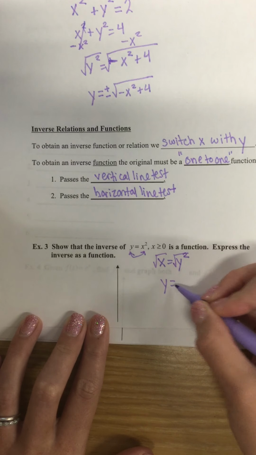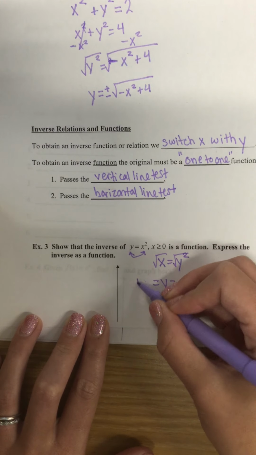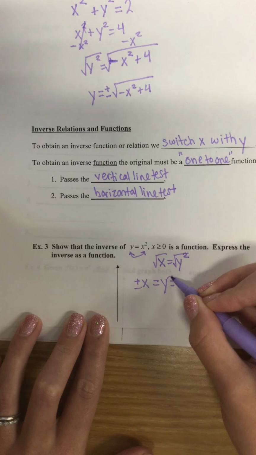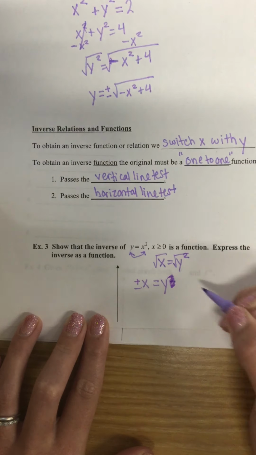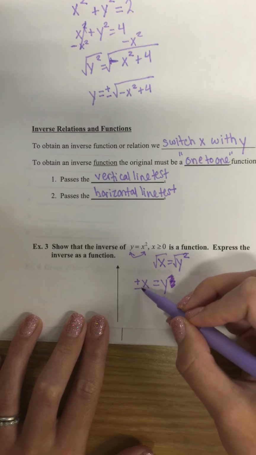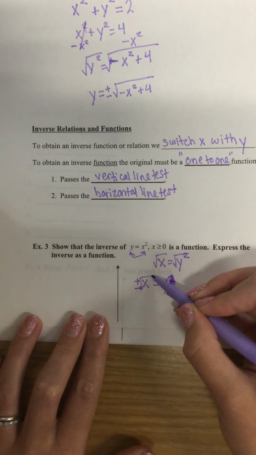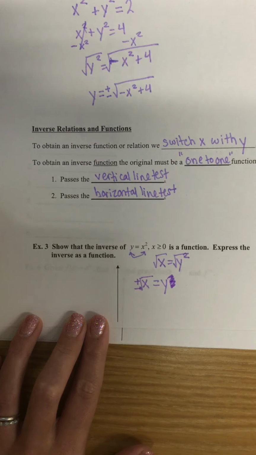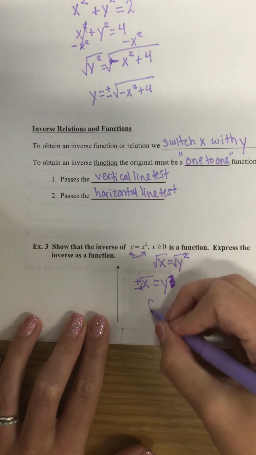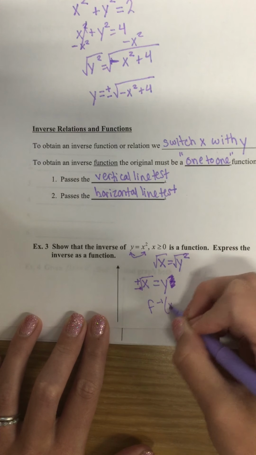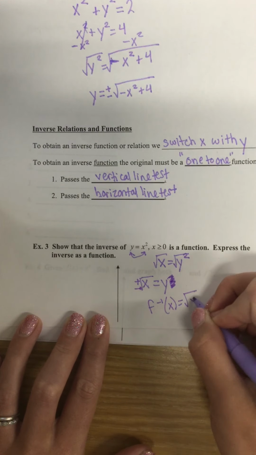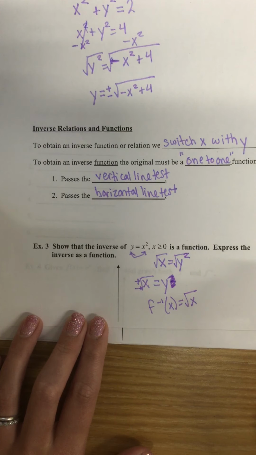So I get y equals, plus or minus square root x, because I took the square root of both sides. So the inverse of my function is going to be the square root of x.